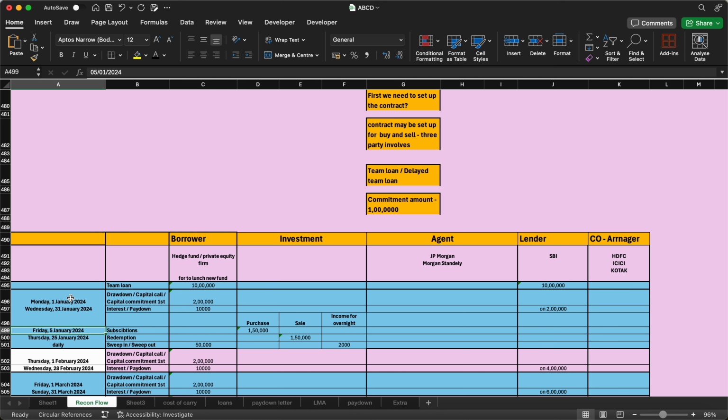After that, on the 5th of January 2024, their fund manager got an opportunity in the market to invest. So they release one amount: out of 2 lakh, they release 1 lakh 50,000 to the fund manager account. Here the role of master and feeder comes in.